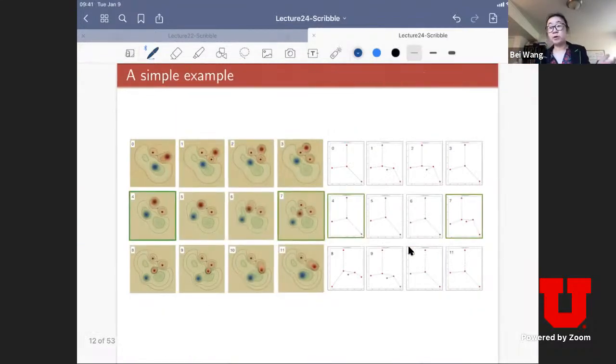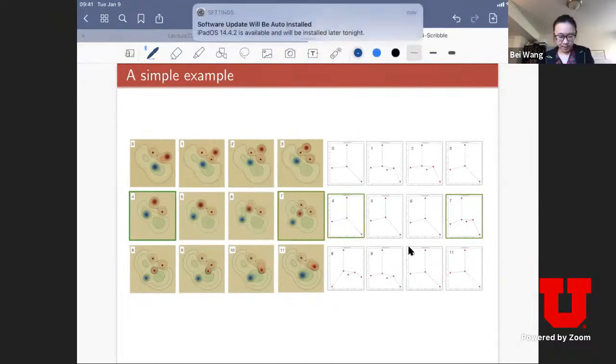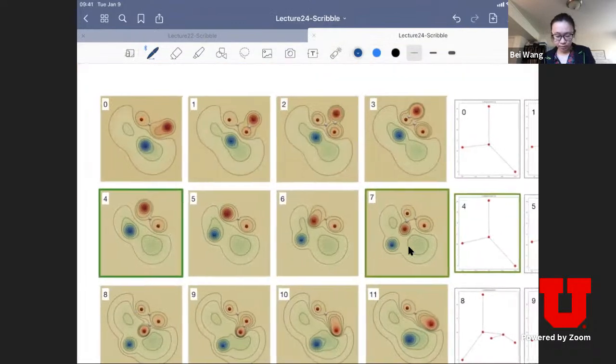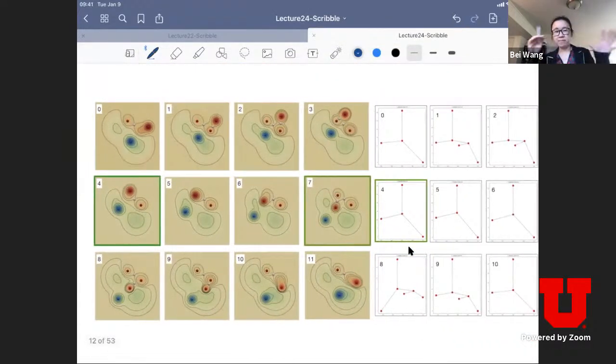So let me give you a very quick example. This is a synthetic example. On the left-hand side, what you see is a scalar field that is a combination of a mixture of Gaussian functions. So it has some bumps, some mountaintops, and some valleys.